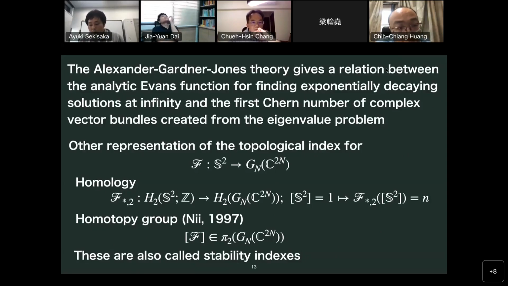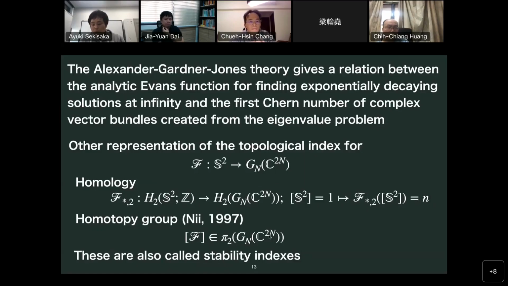For example, in homology group theory, the stability index is given by such induced homomorphism maps, from the two-dimensional homology group of the two-sphere to the two-dimensional homology group of the Grassmannian, which is isomorphic to Z. N is a positive integer equal to the first Chern number.